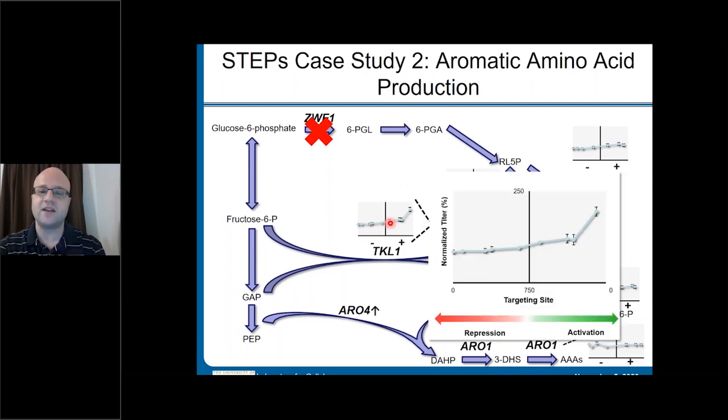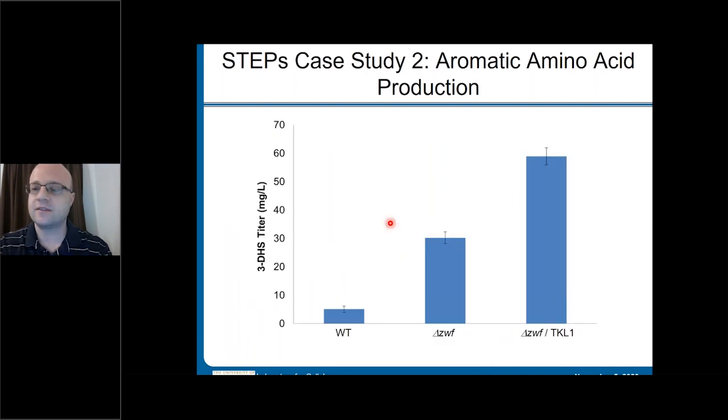When we zoom in here, TKL1, the transketolase enzyme, becomes a strong overexpression target as suggested through this approach. And likewise, as we hard code these into cells, we see the step from wild type, to the ZWF1 deletion, and to the TKL1 overexpression in that background, really showcasing how this approach can rapidly prototype targets, but then also allow us to understand how to engineer the cell.